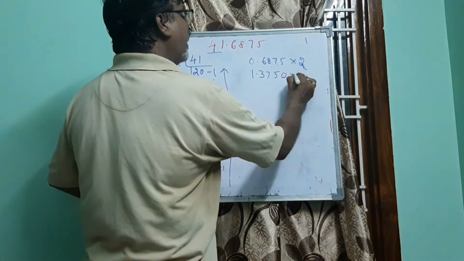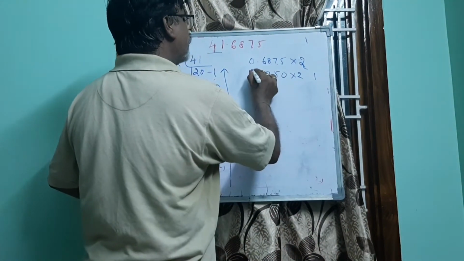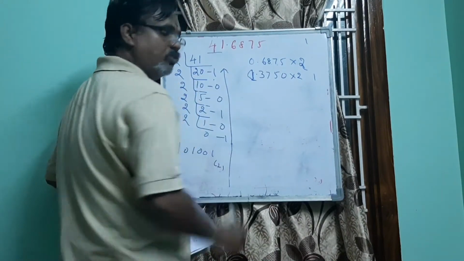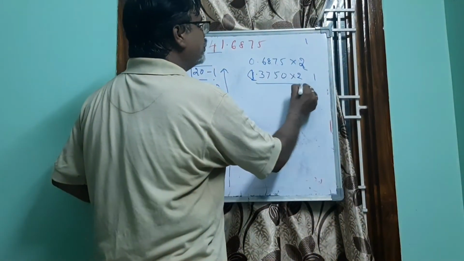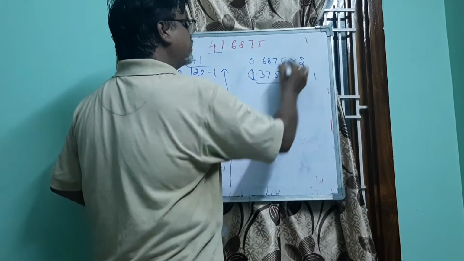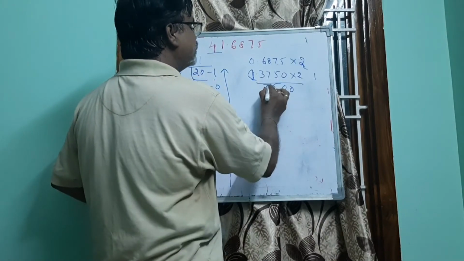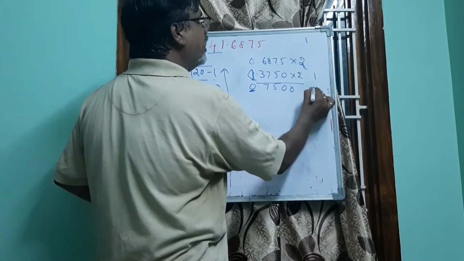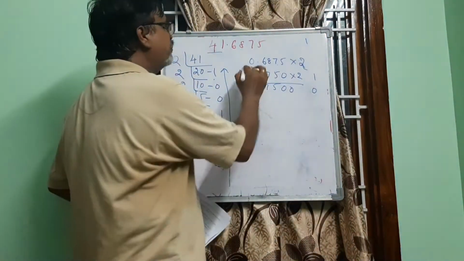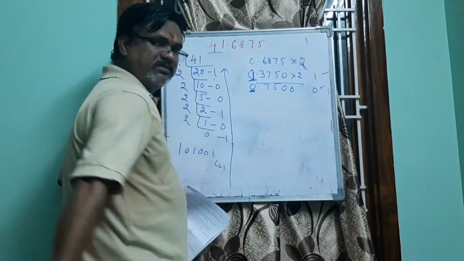Again multiply by 2, but you write this 1 here and you convert this as 0. So you get 0, 2 5s are 10, 2 7s are 14 plus 1, 15, 2 3s are 6 plus 1, 7. 0 you got, the same 0 you write there. Whichever you are getting here, that you write in this place.